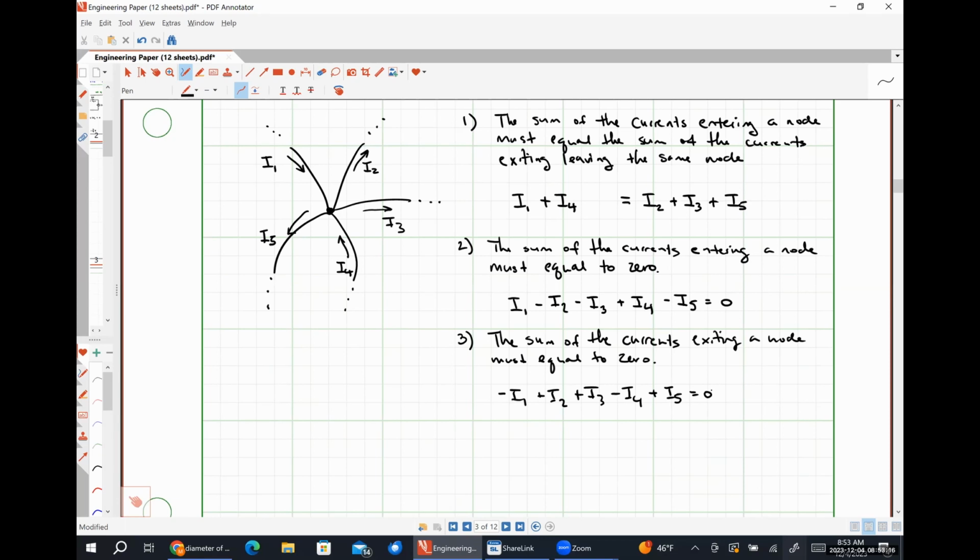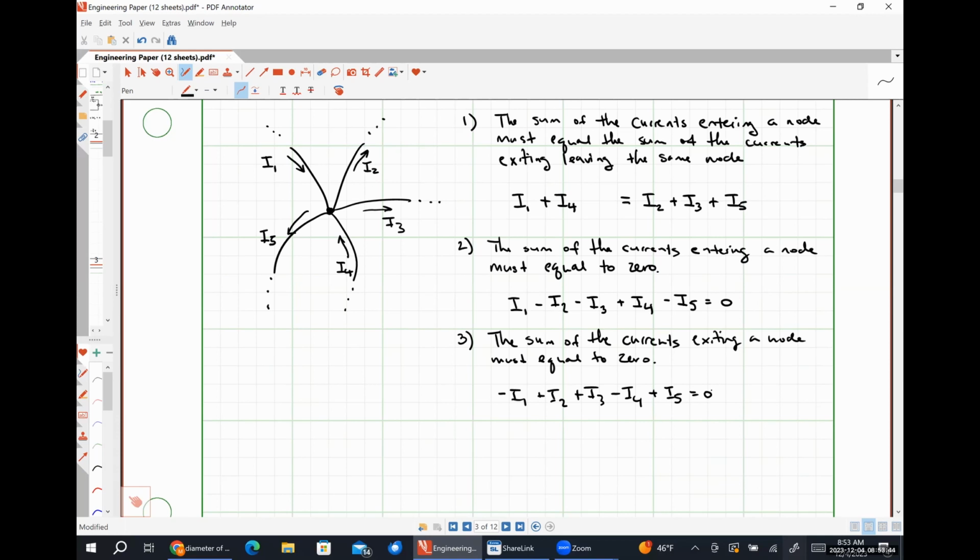The sum of all of the currents exiting a node must equal to zero. That's the formulation of Kirchhoff's current law that's used specifically in nodal analysis so that we avoid getting a bunch of spurious negative signs all over the place that we don't want to happen. Okay? You'll see what I mean by that when we talk. So for now, use whatever you want. Once we get to nodal analysis, 99% of the time, you're going to start using option 3 there.